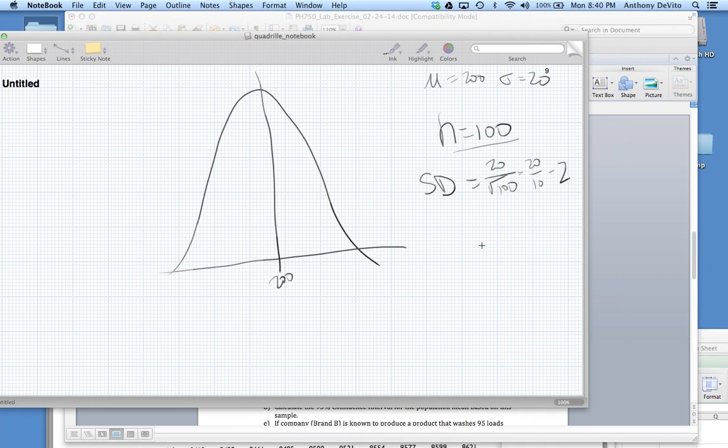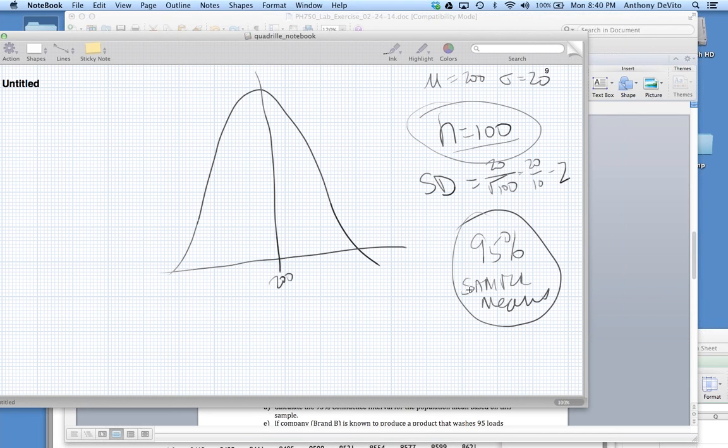So now if I asked you, what range would we expect 95% of the sample means to have, same population? This time the only thing that changes is the sample size. What range would we expect 95% of the sample means to have if we took a sample size of 100 instead of a sample size of 25? Well, in this case, we're going 2 standard deviations to the left, 2 standard deviations to the right, except this time a standard deviation is 2. So if I use the empirical rule, this is 196 now, and this is 204.